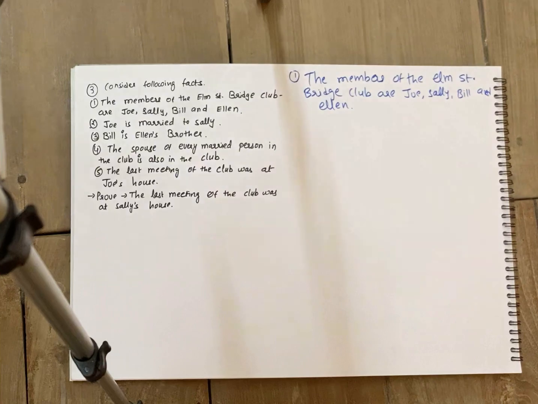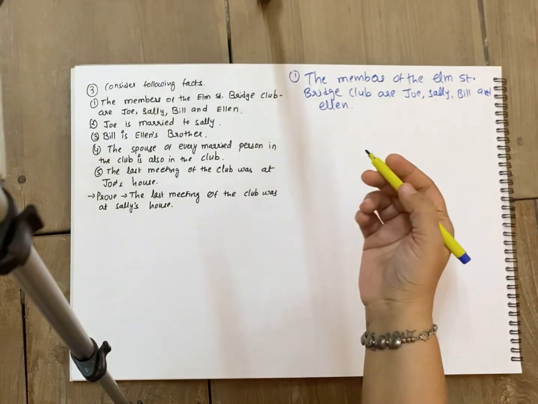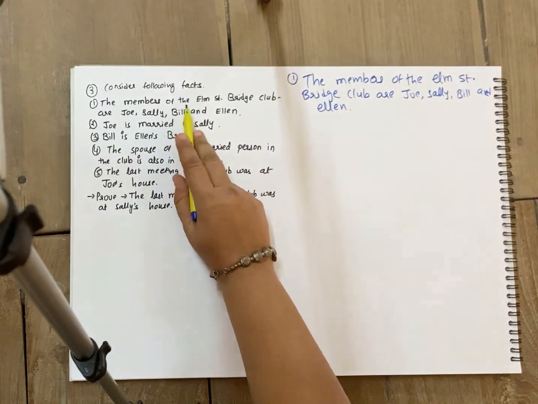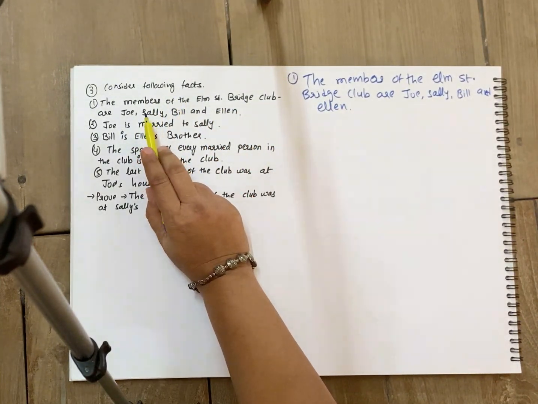Okay, so these are four persons whom we are stating over here as members of a particular club, and the name of the club we have stated over here is ELM St. Bridge Club. So how are we going to provide this information? As we discussed in the last lecture, we are going to write it as basic and primitive as possible. So let us say this statement talks about a membership fact.